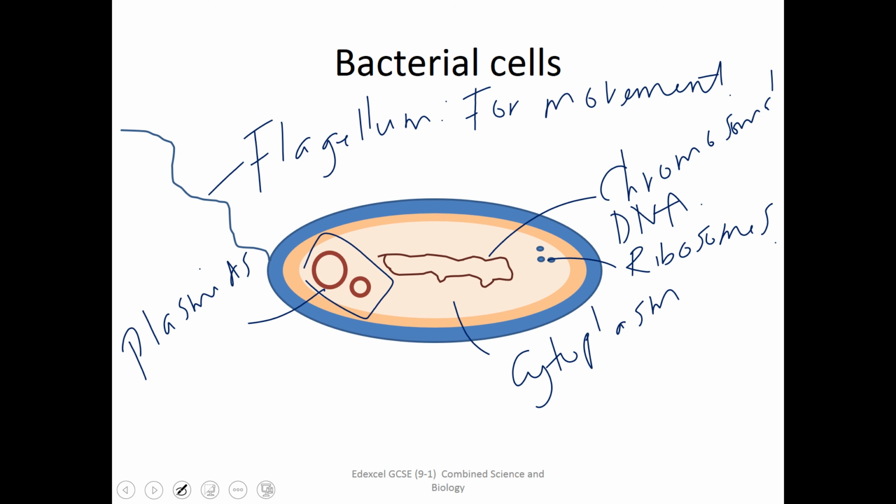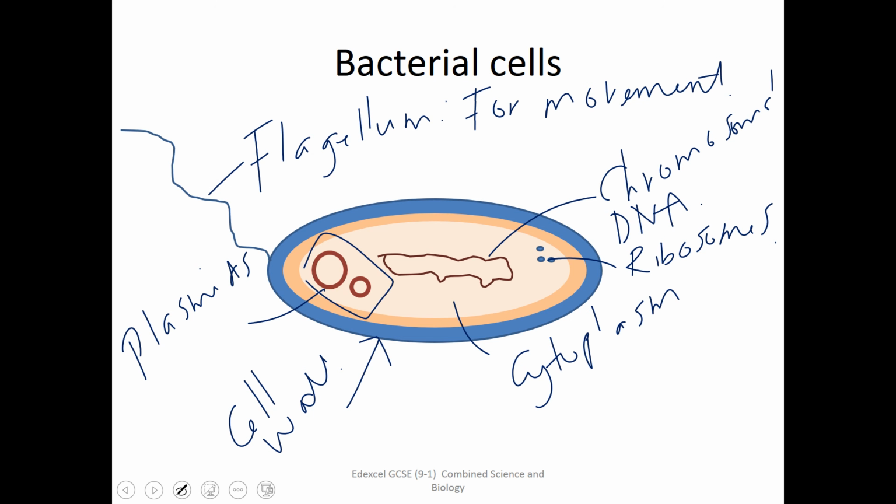So prokaryotic ribosomes are much smaller than eukaryotic ribosomes. There is also a flexible cell wall. This cell wall is not made of cellulose, but again will provide support and protection.